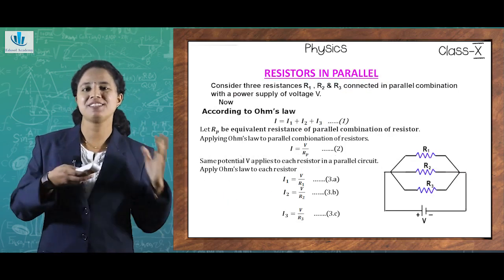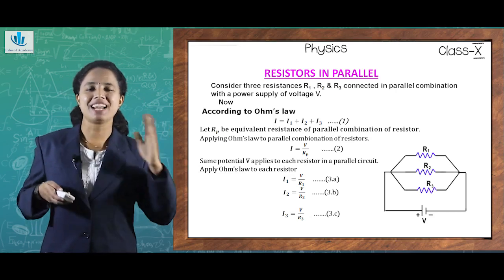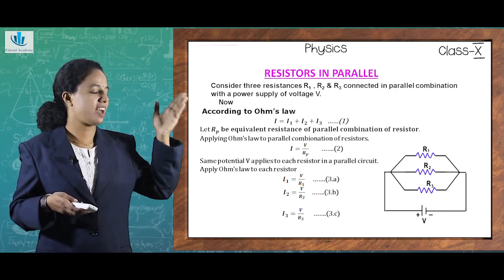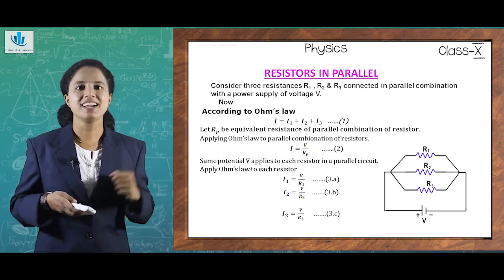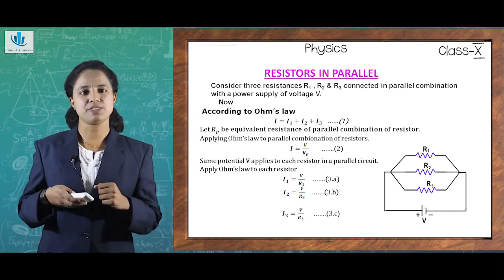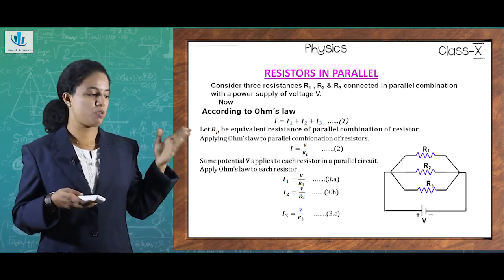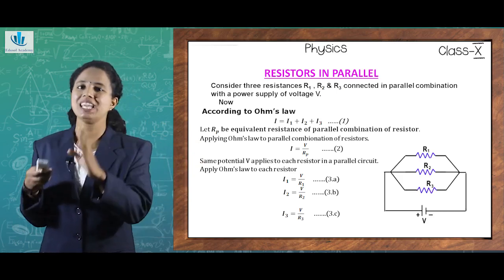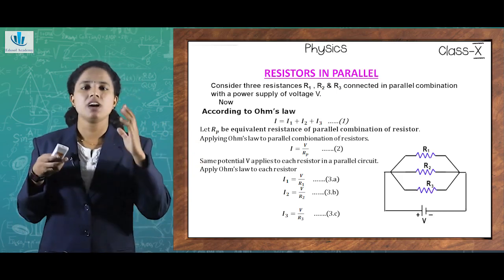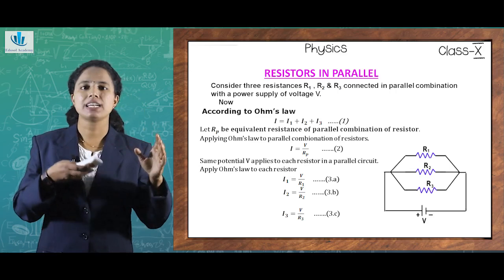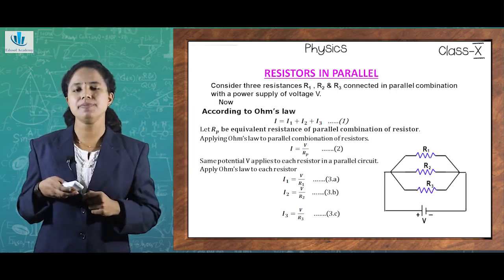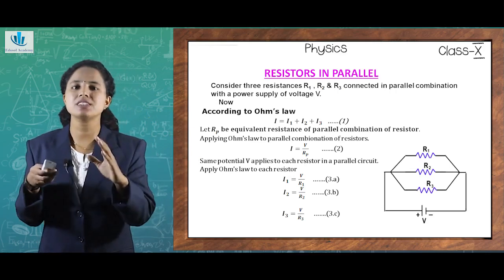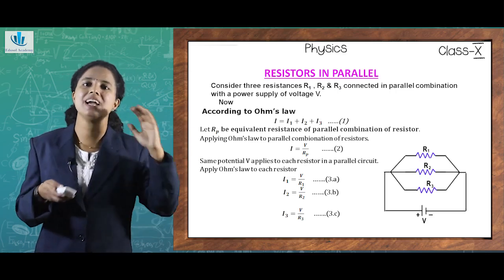Another important area of discussion is resistors in parallel combination. As you can infer from the figure, three resistors R1, R2 and R3 are connected in parallel combination with a power supply of voltage V, isn't it? And we know Ohm's law takes the form V equals IR. It may be noted that when I connect resistors in a parallel combination, the current through each resistor will be different, whereas the potential difference across each resistor would be constant.